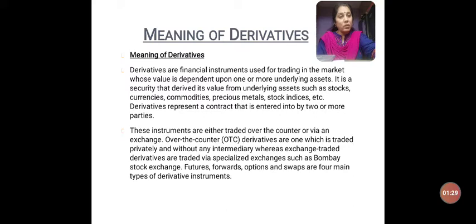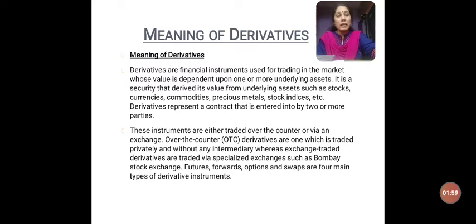The contract is with regard to what, students? The contract is with regard to trading of a financial instrument called derivatives, which derives its value from an underlying asset. So derivatives are nothing but something which is derived. If we have to give a simple life example, curd is derived from milk, isn't it?